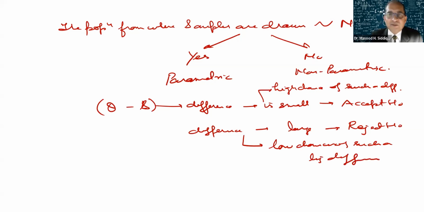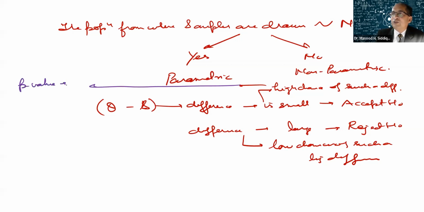Now, chances means the probability. So there is a high probability of such a difference. This probability is known as the p-value. This is denoted by p-value. Means the p-value should be large in the first case. Here the chances are low, so we can say that the p-value is low.